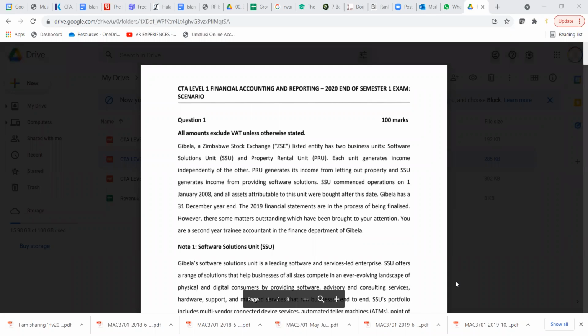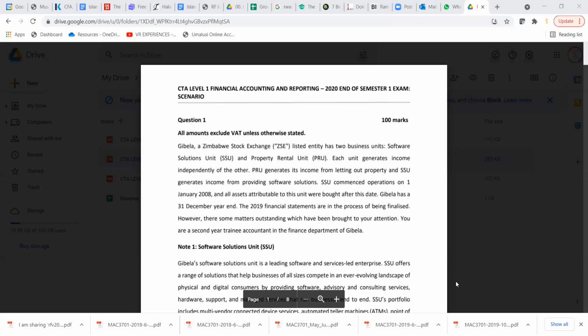That means you need to identify the accounting standard, and then apply whatever needs to be done within that standard. If they said, dear student, please discuss the accounting treatment in terms of IFRS 9, meaning in terms of financial instruments, then there's no need for you to identify the accounting standard because they're telling you that's the accounting standard.